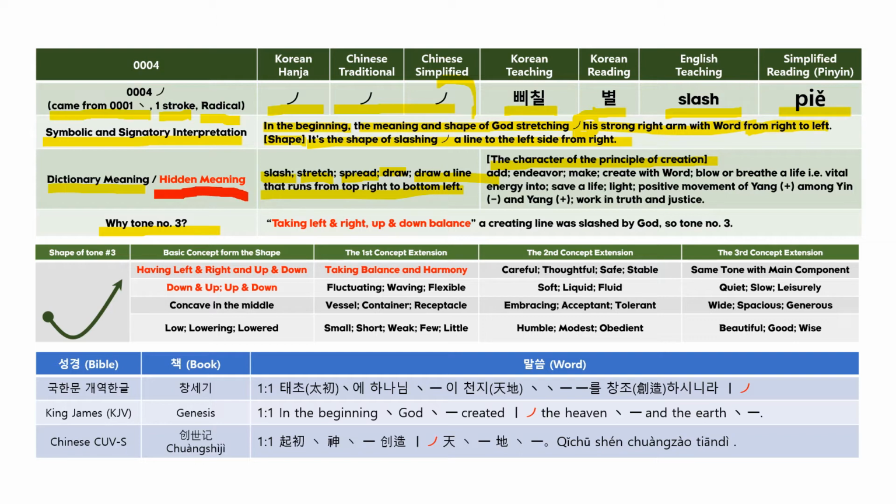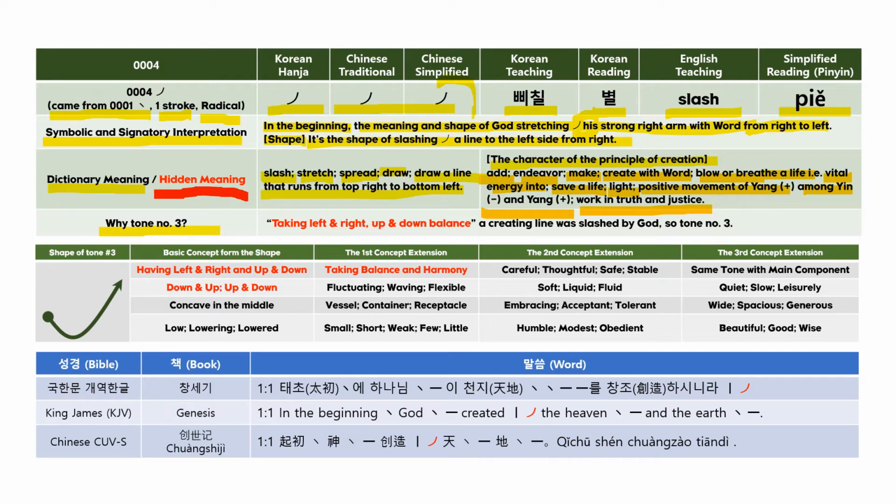I would say the hidden meanings add endeavor to achieve something, to make, create with word by God, and blow or breathe life, vital energy into and save a life, the light, positive movement of yang among yin and yang, walking truth and justice by Lord God.